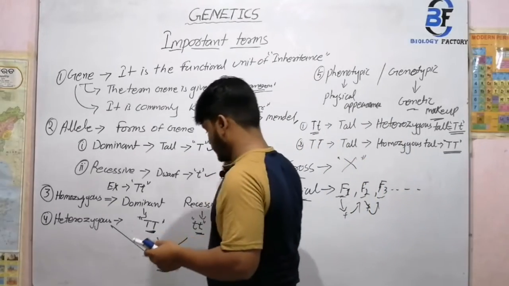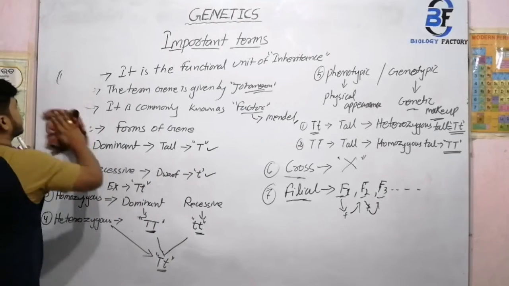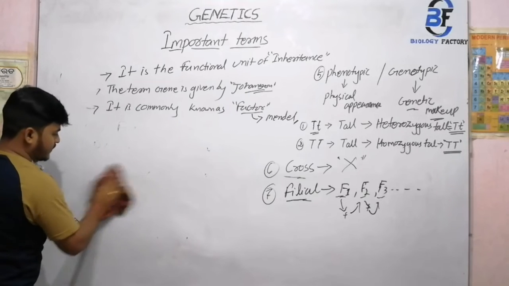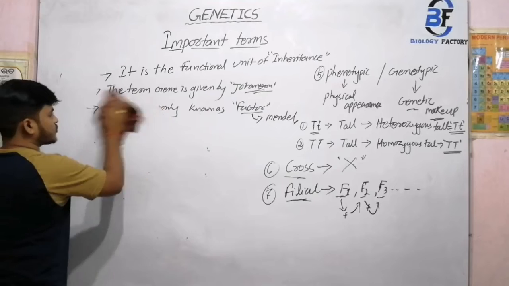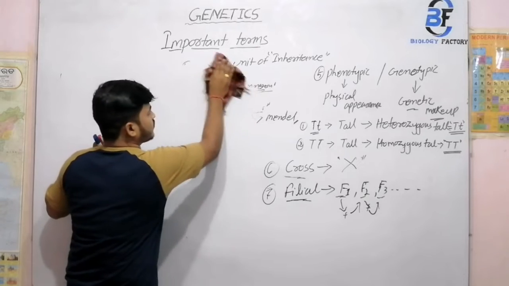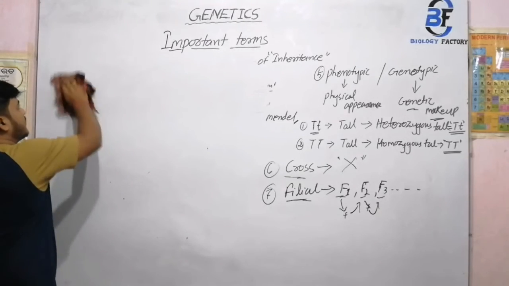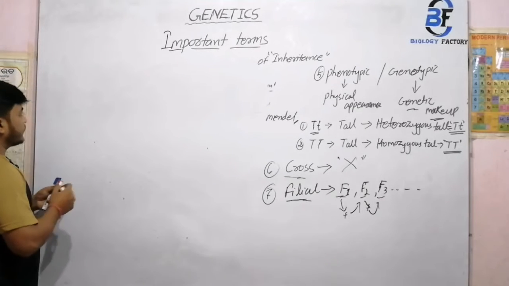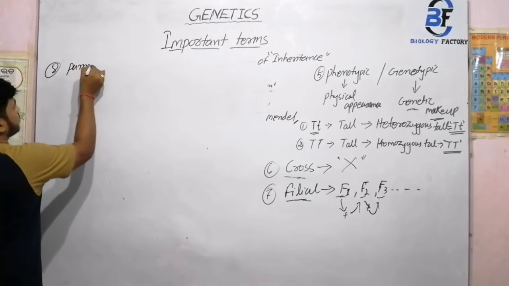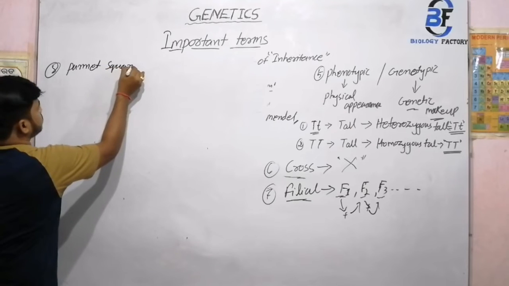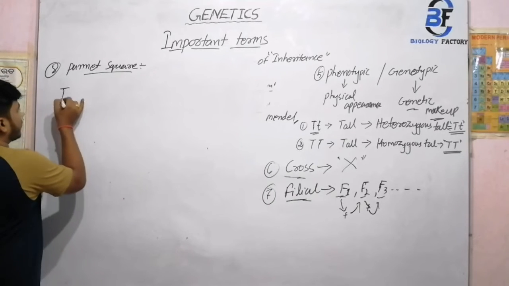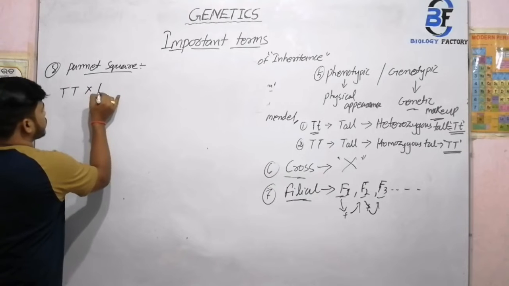A Punnett square is just a checkerboard, where we cross two types of characters. That means both dominant characters or both recessive characters, we cross these and get some of the resultants or products. We take one example of capital T crossed with small t.